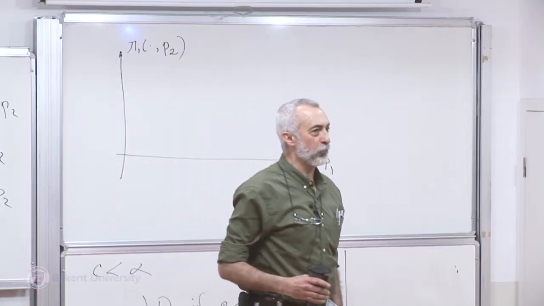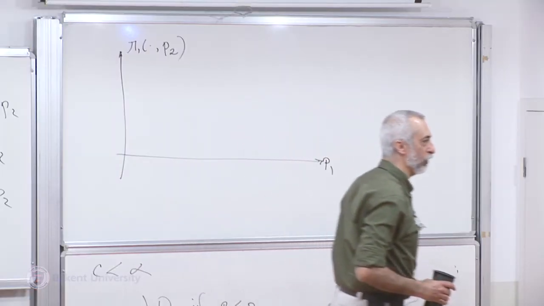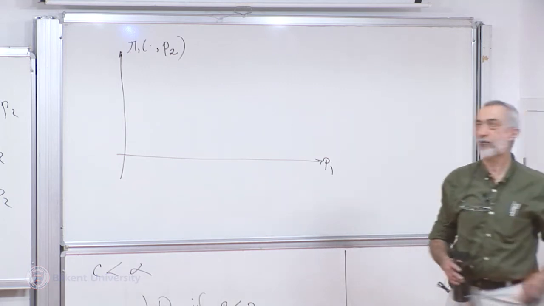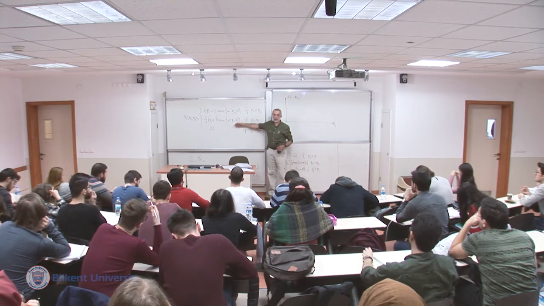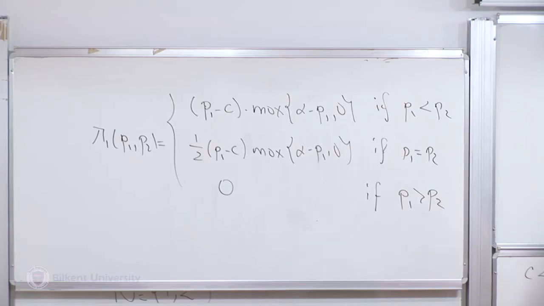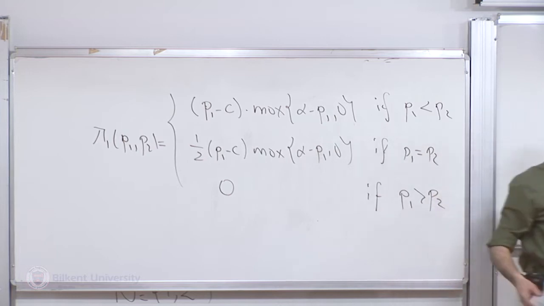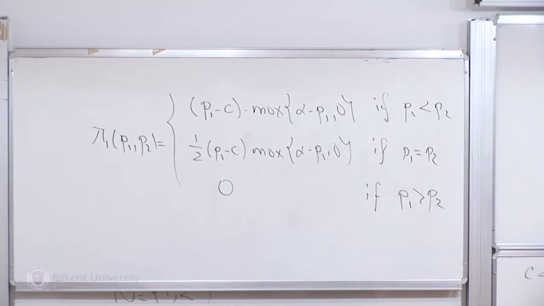You see, this problem has several complications. First of all, the function is piecewise defined. It behaves one way in one region, another way in another region. That's a problem. The other thing is maximization, taking the max of two numbers. That's always problematic.